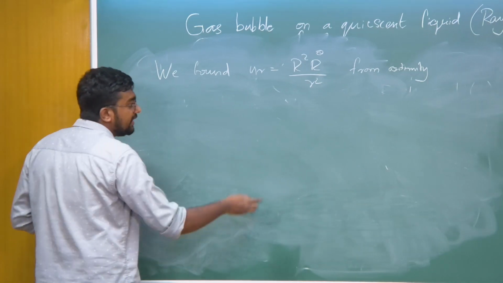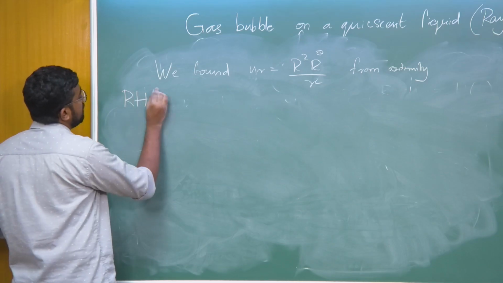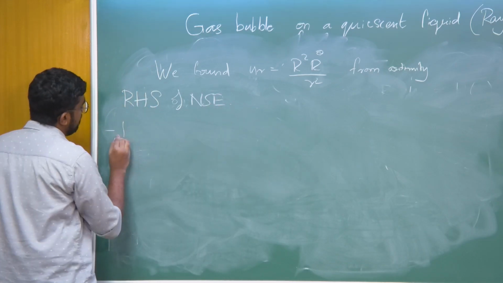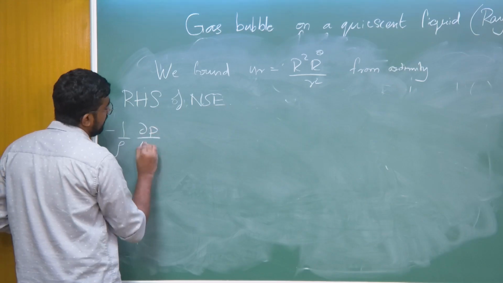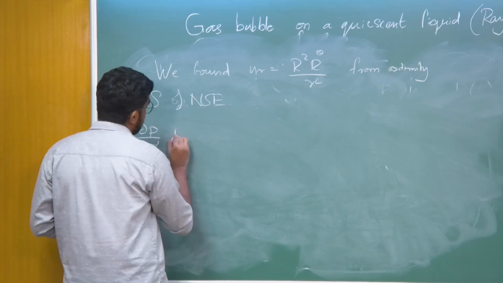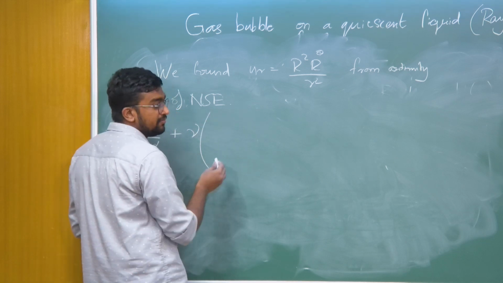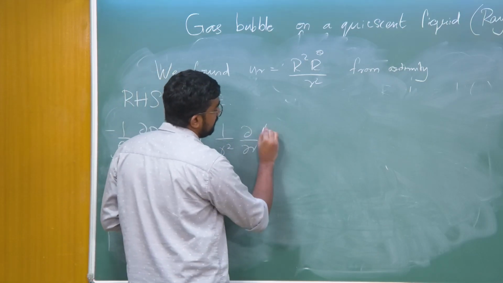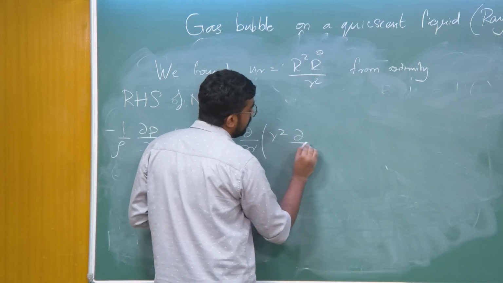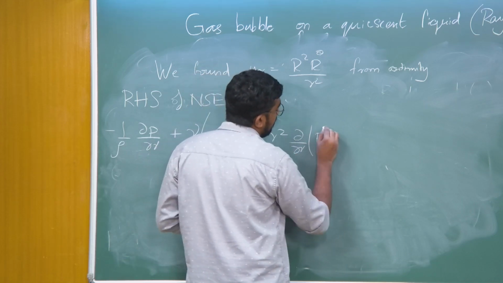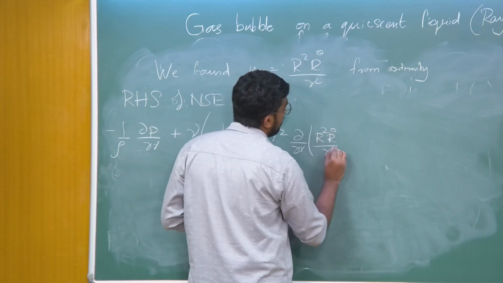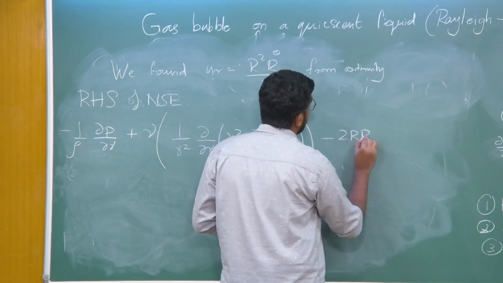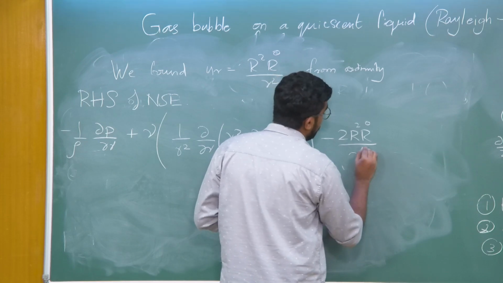The right hand side has minus 1 by rho dou p by dou r, plus one big expression for the viscosity term, or the viscous force: dou by dou r of r square of dou by dou r of R square R dot by small r square, minus 2 R square R dot by r power 4.